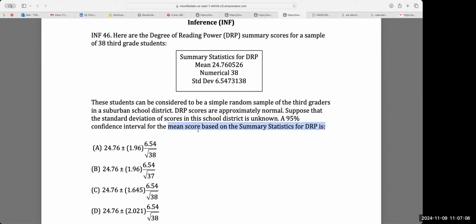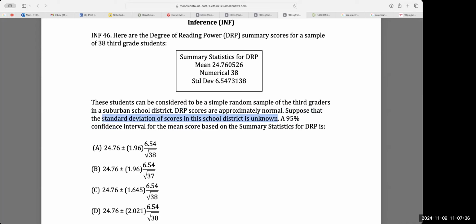It says right here, mean score. That's the result you want for mean score. And the standard deviation, sorry. Do we know the population standard deviation or not? We do not. It tells you explicitly, it's unknown. So you have to use number 6.